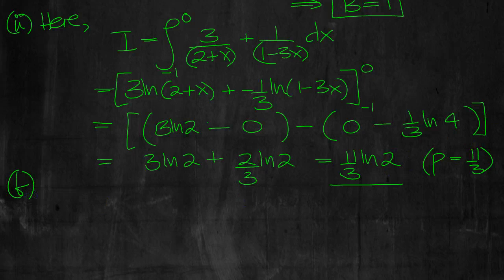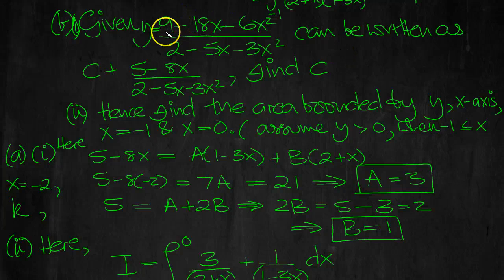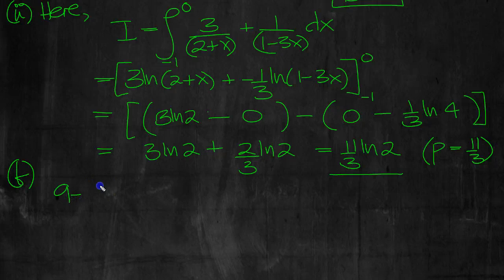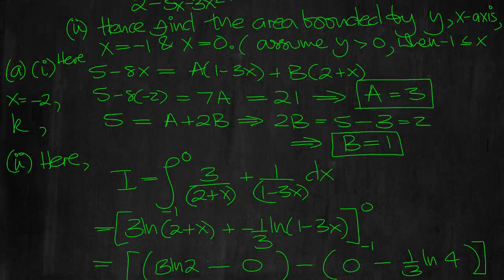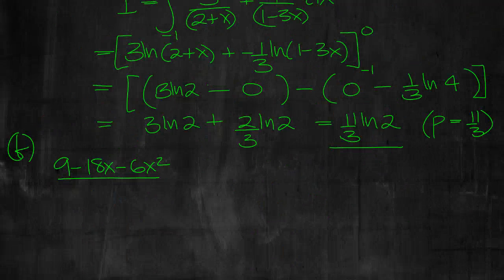So let's flick back up then once more, because it's a long question. Here's the question. This can be written as this: find C. 9 minus 18 minus 6x squared. I'm going to write that down. Over 2 minus 5x minus 3x squared.